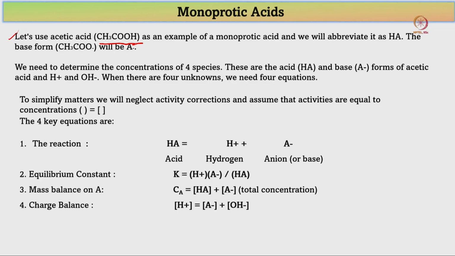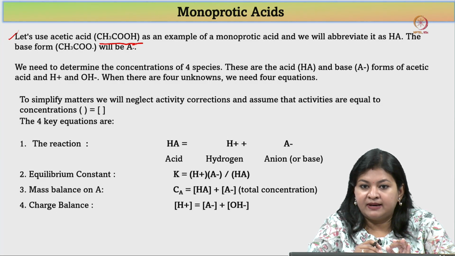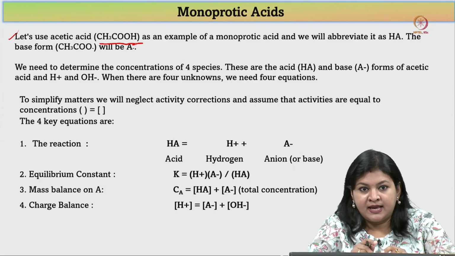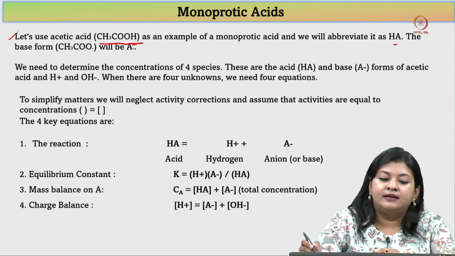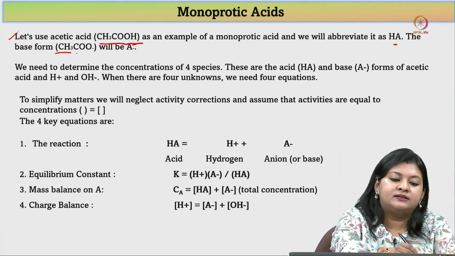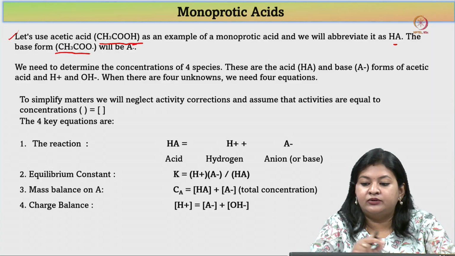Okay. And if we abbreviate it in terms of H and A, where H is the hydrogen, the proton that has to be donated, and A is the base. So, this A term is this entire thing, CH3COO minus. So, we are going to write in these terms.